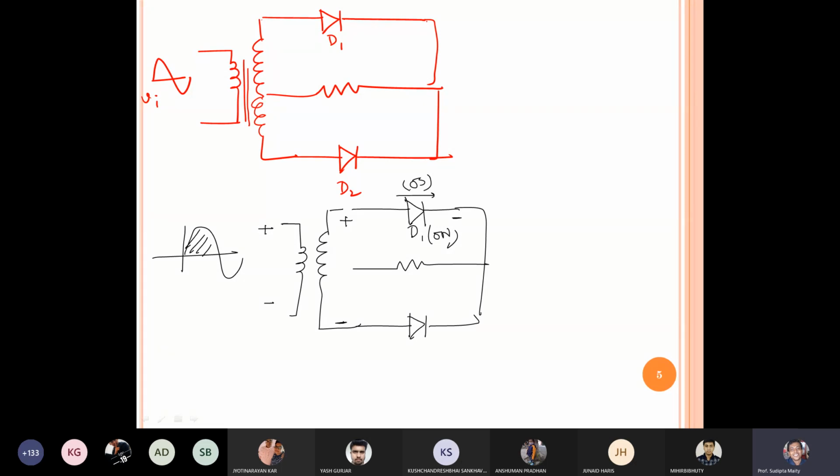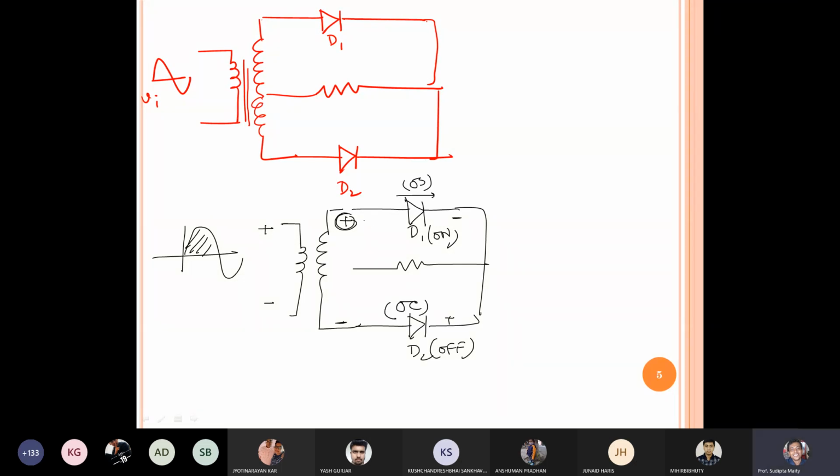Agree? Yes, sir. Now here, for this diode, this positive terminal can be assumed over here because it is short circuited now. So in this case, this diode D2 is off. So this D2 will be open circuit.